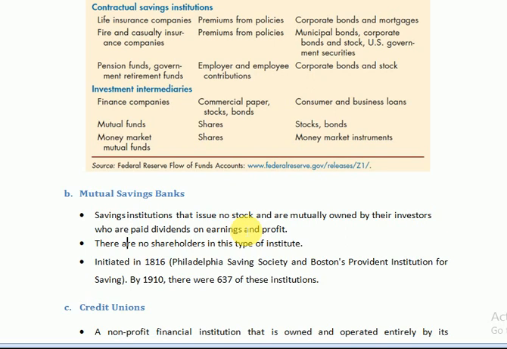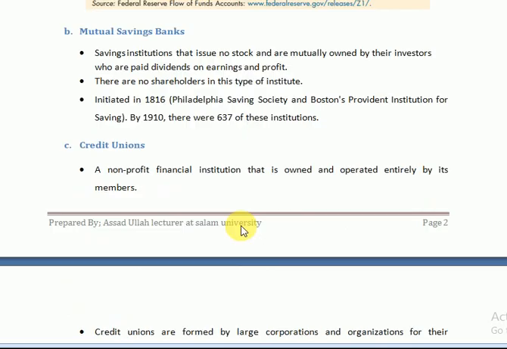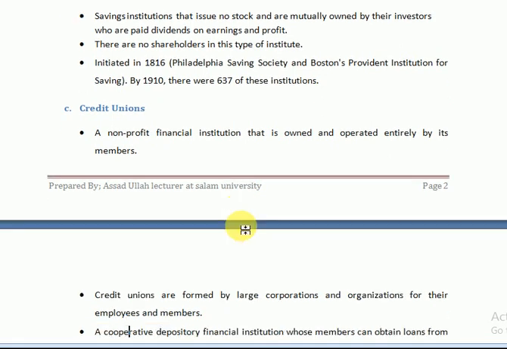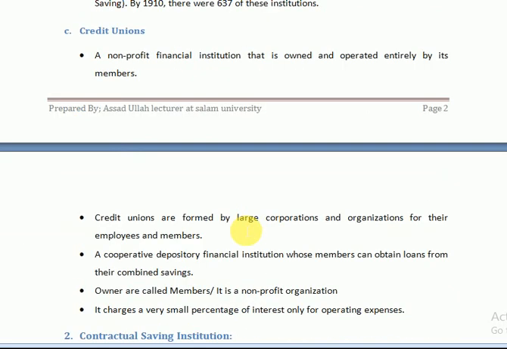Third type of depository institution is the credit union. What is a credit union? These financial institutions are very small cooperative lending institutions.